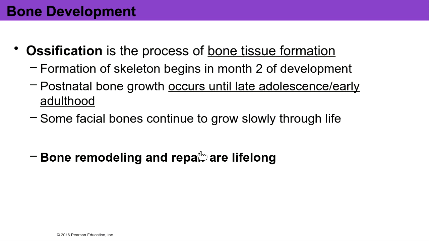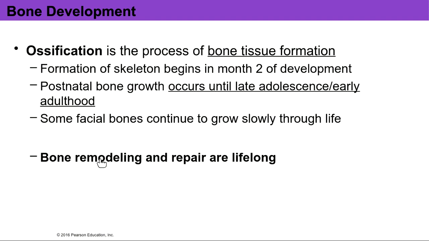So bone remodeling, all right, bone remodeling is something that happens throughout life. Bone remodeling is sort of similar to how ossification or bone development happens, but a little bit different. Okay, so basically, this is demonstrating to you that bone tissue is really, really flexible, and even beyond normal bone growth and normal bone development, bone tissue continually remodels itself throughout life.